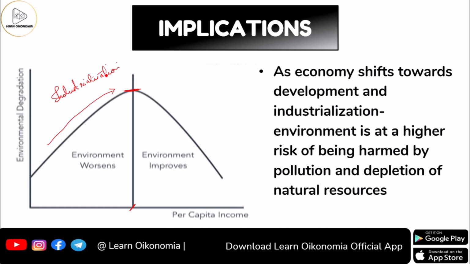So you have more industrialization, which will be bringing some risk to the environment. There would be depletion of natural resources, there would be pollution, etc. in the environment. After that, growth progresses, and at some level of growth, your environmental degradation would become maximum.